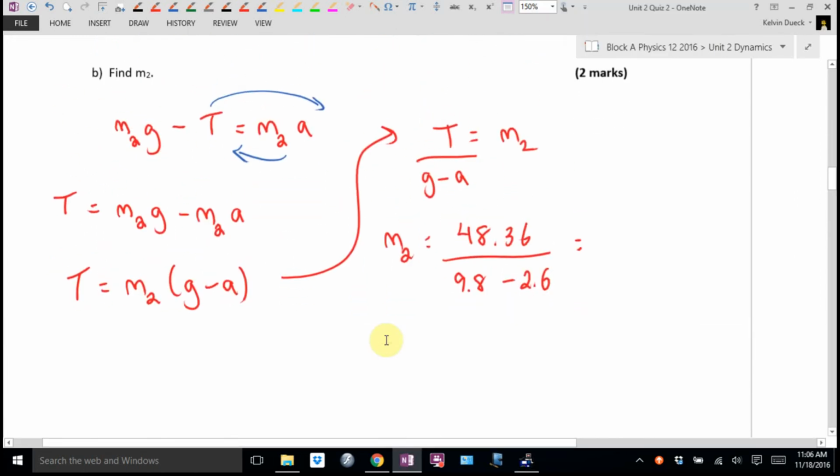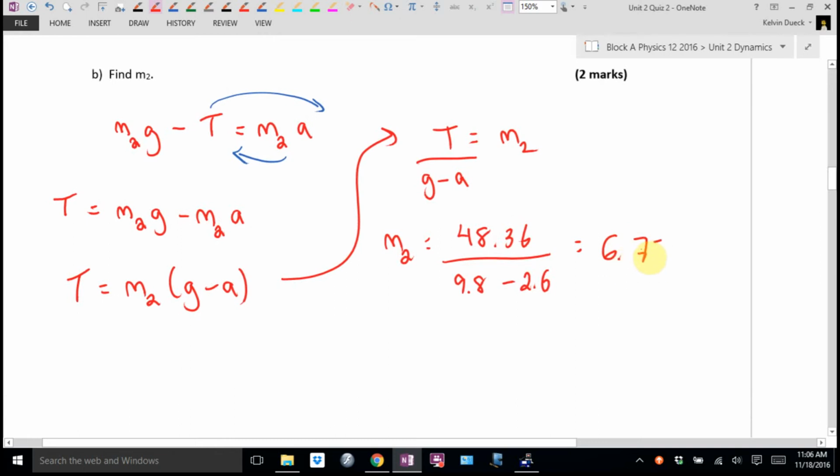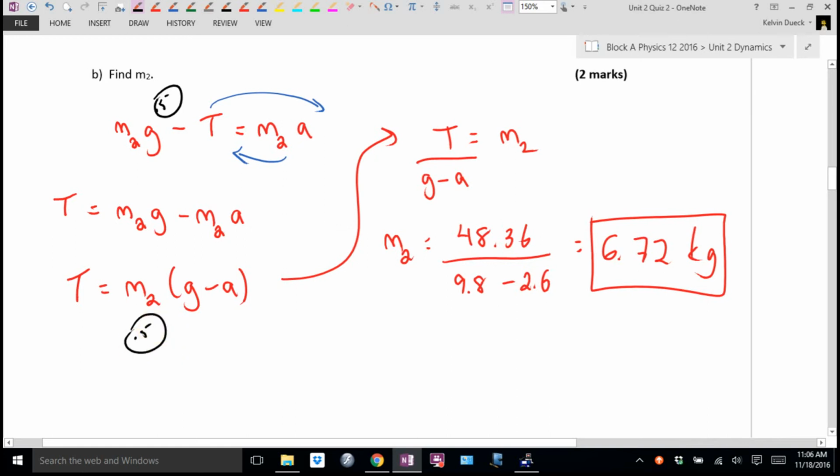Okay, that's what I got. Thank you for that anguished cry of despair. That would get you 2 marks. Otherwise, I would probably go something like this. I would give you a half mark if I saw that. I would give you a half mark if I saw that you had cleverly factored. I would give you a half mark for getting the M2 by itself, and then a half mark for the answer.